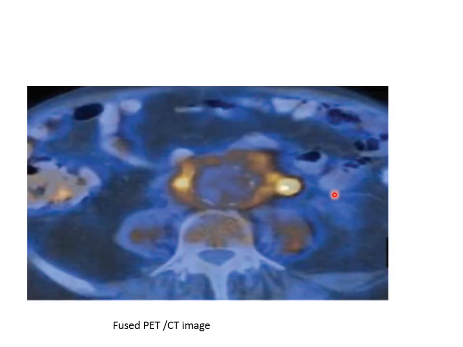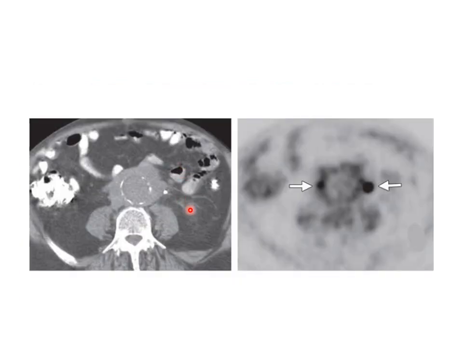So the fused image, PET CT, showing uptake of the wall of the aorta, and before it we can see the dilatation of both ureters. So it can cause mass effect on the surrounding tissue, this mass.